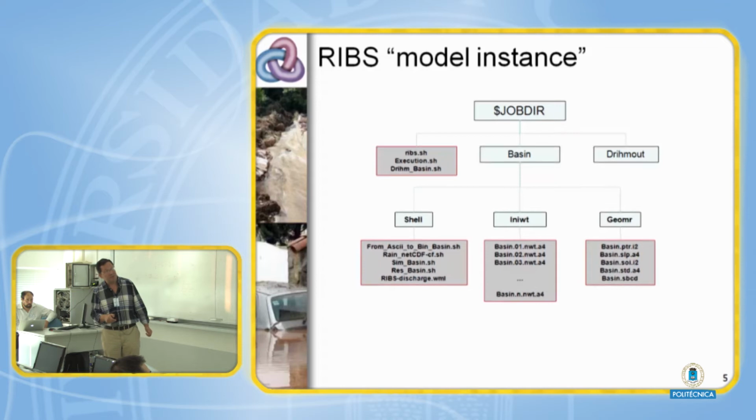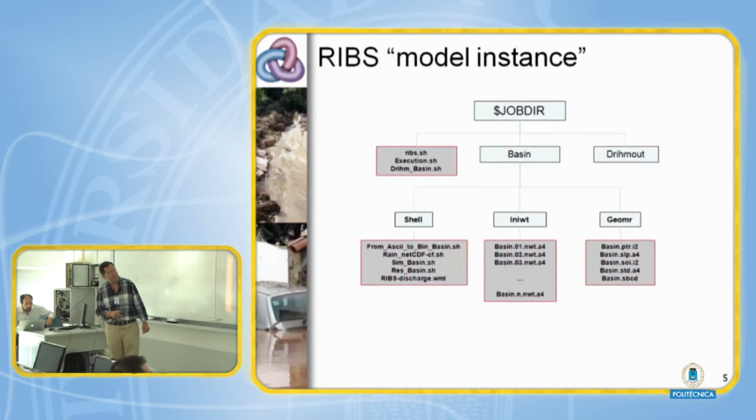Therefore, we only need the static geomorphologic data. As you can see here, they are in ASCII format, not binaries. The initial water table configuration files are also defined in ASCII format, in text format, and all the shell scripts that we are using to run the model.